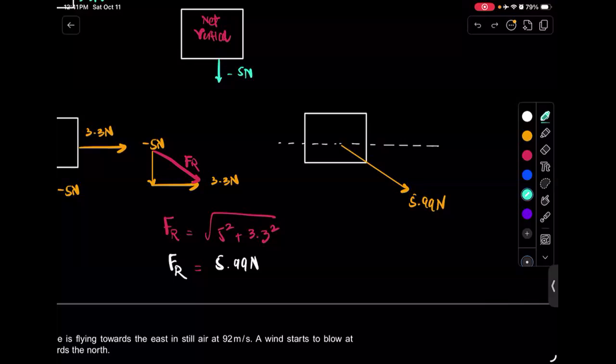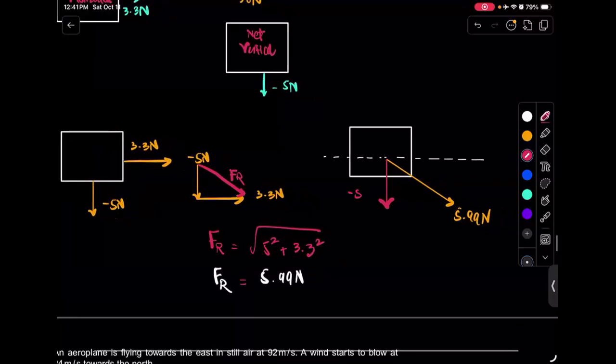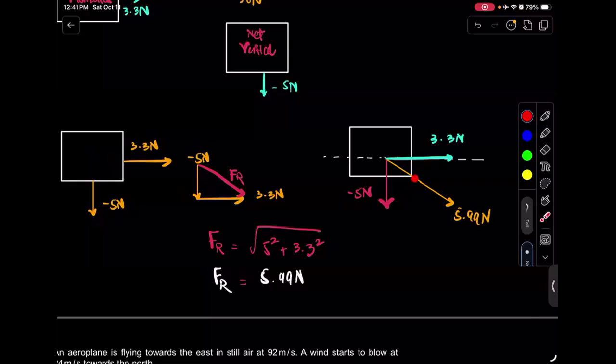Let's take this triangle. What was the horizontal part of this? This was minus 5 newtons. And what was the vertical force? That was 3.3 newtons. So if I want to find this angle, I can simply bring this force over here. It's the same thing.